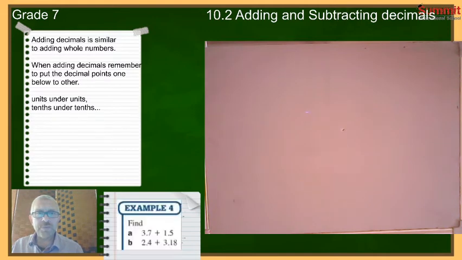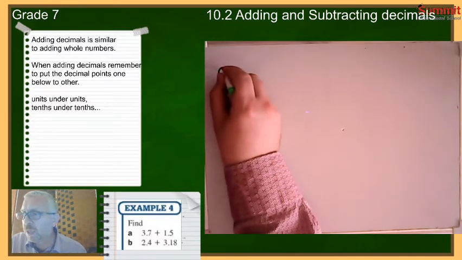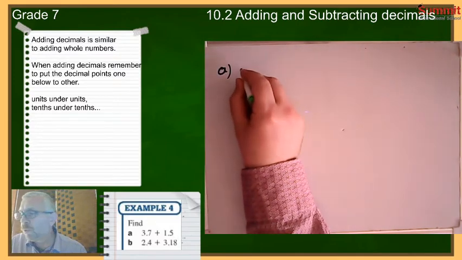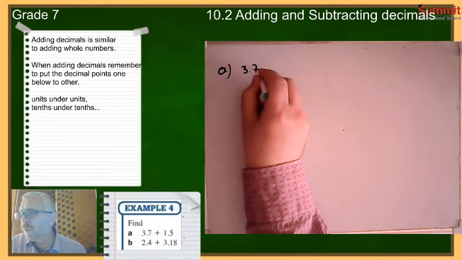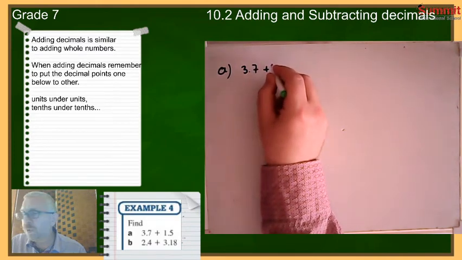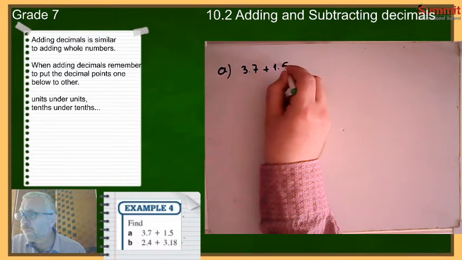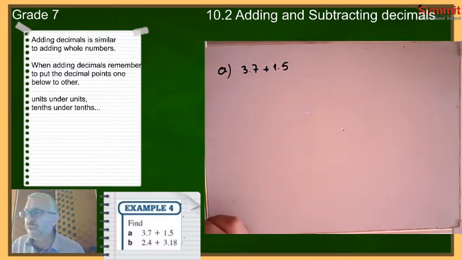Our first example is this one. Find 3.7 plus 1.5. Now let's say 3.7, we need to add with 1.5. Now let's write the numbers.